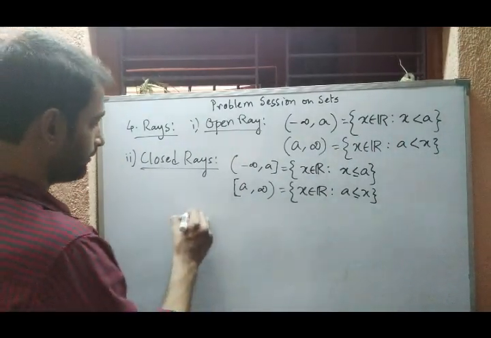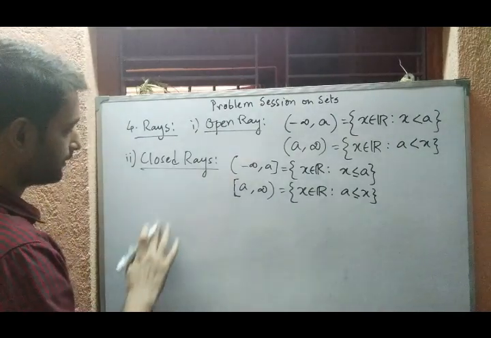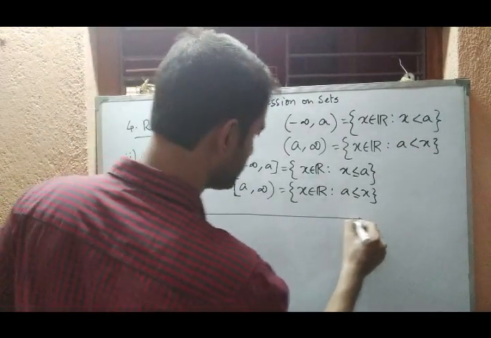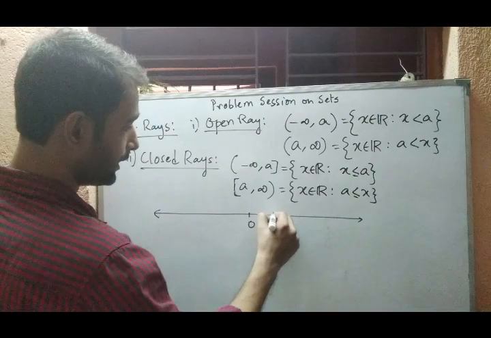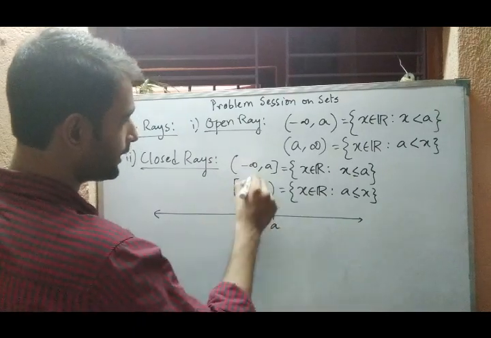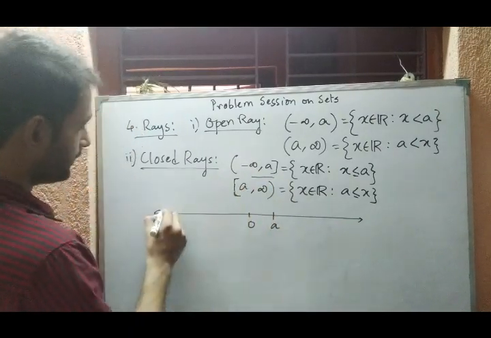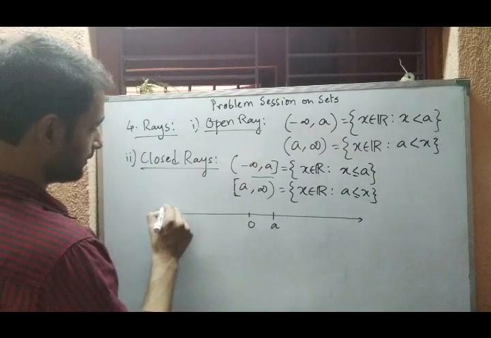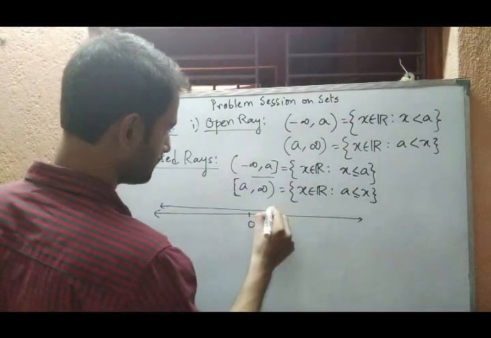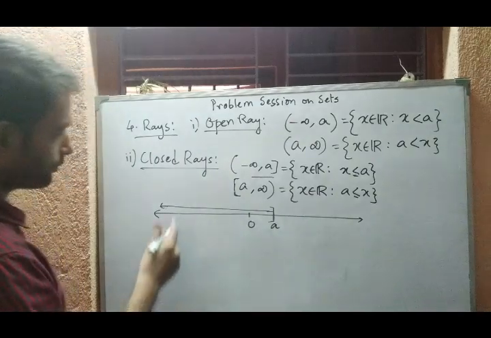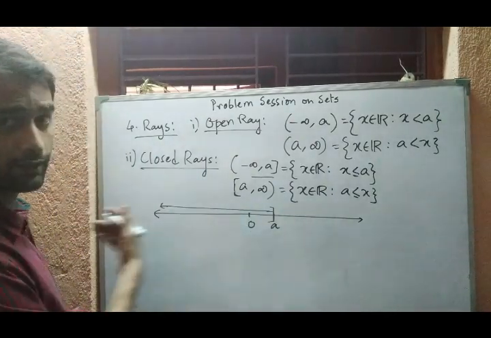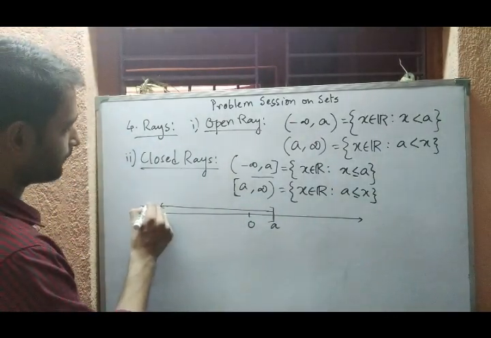If we draw them on the real line, you will see if there is a and we are considering the closed ray, then it will be something like this. So in this way it is continuously going to minus infinity.